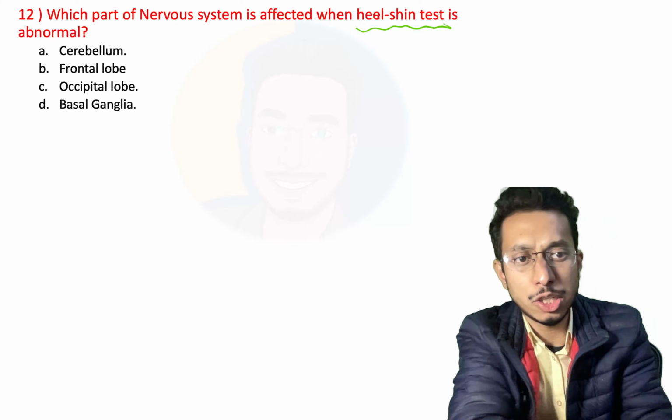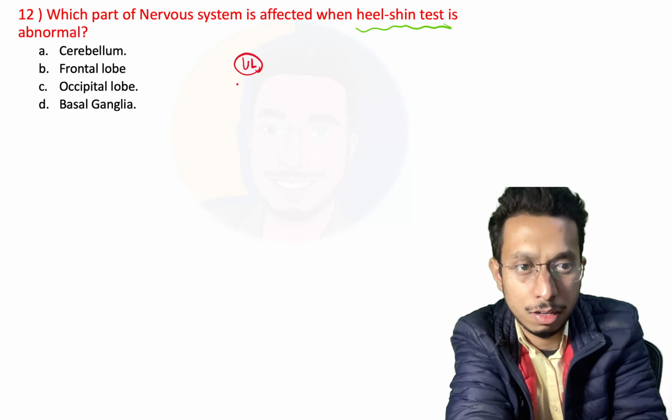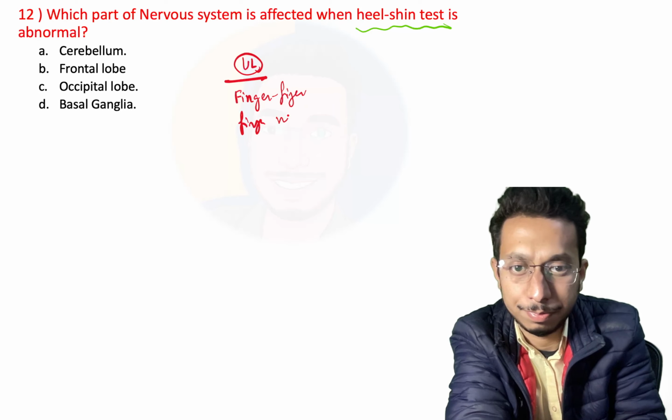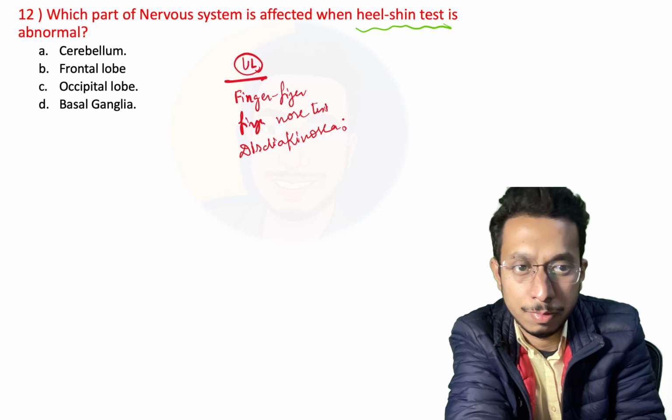Now, specific tests to evaluate cerebellar function, if we check in the upper limb, are the finger test, then finger nose test, dysdiadochokinesia, and macrographia.